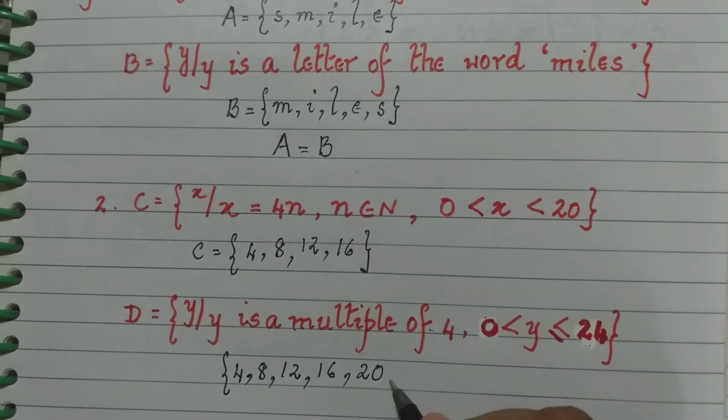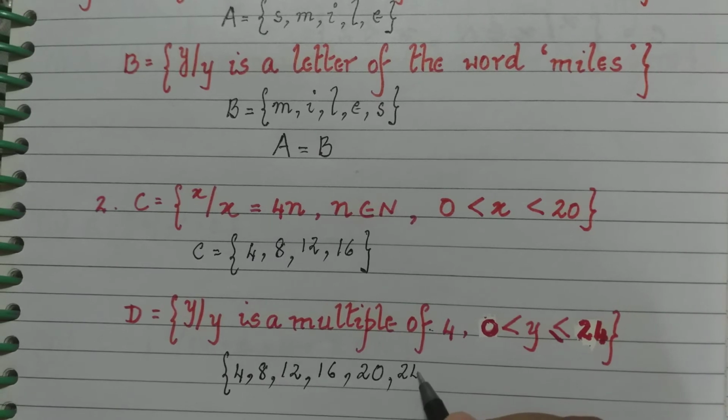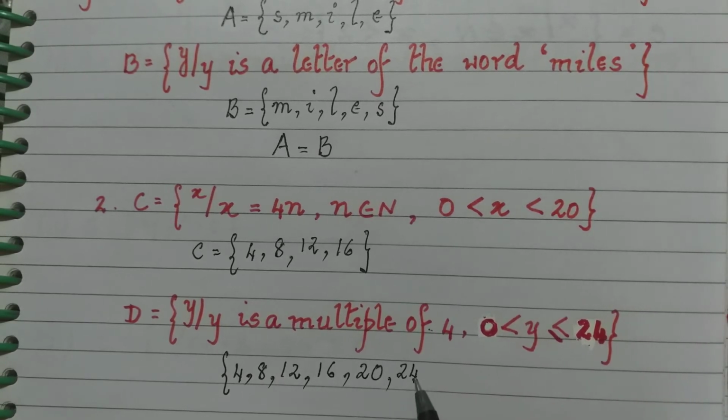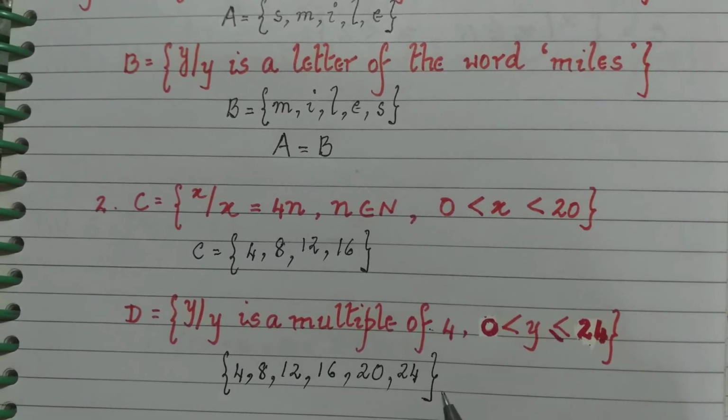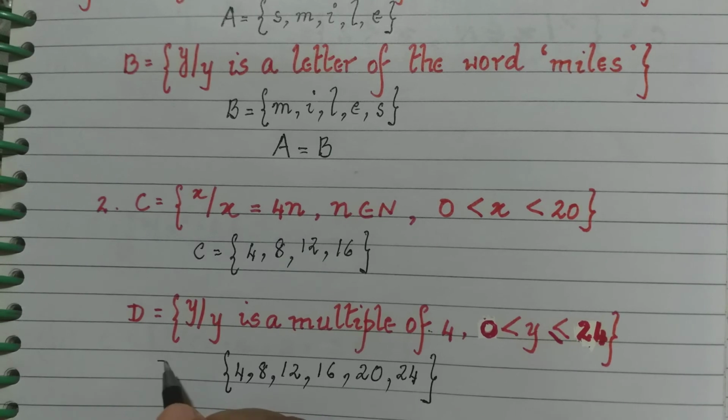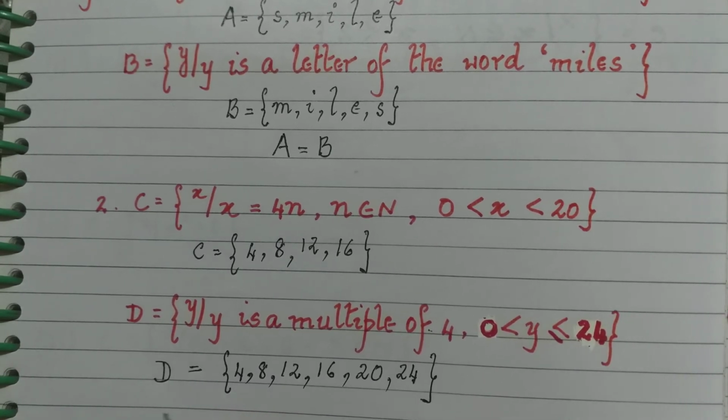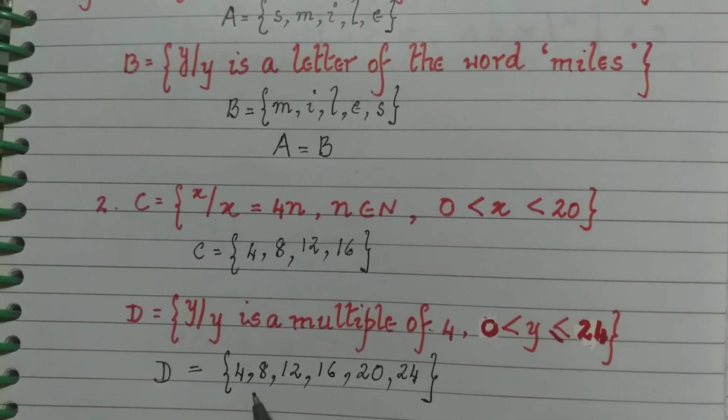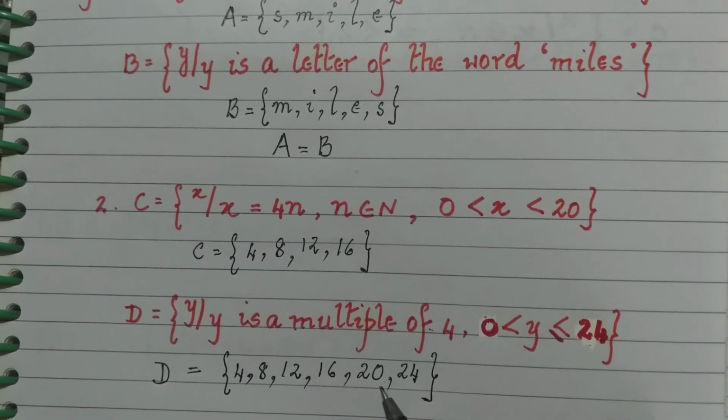So we can consider even 24 as one of the elements. So what will be the elements in set D? It will contain the elements 4, 8, 12, 16, 20 and 24.